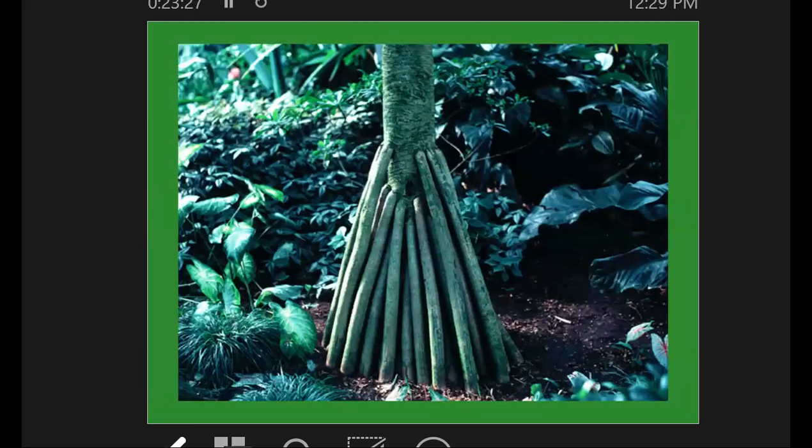Here's a really dramatic example of prop roots. Okay, so this is a bigger tree. This is called a screw pine tree, and they grow much bigger than corn. You usually see this kind of system in areas of the world where the soil isn't that great.